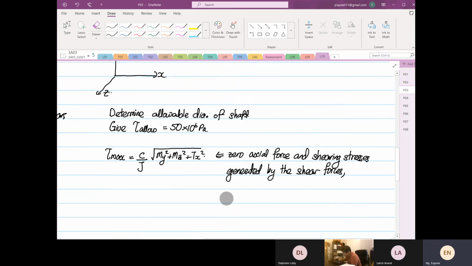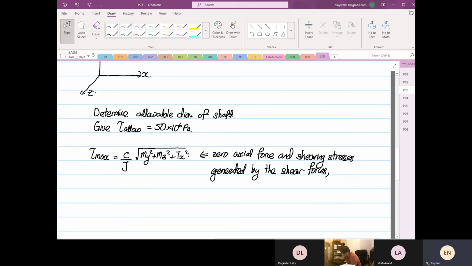Shear forces for this case are both in the Y and Z direction. Ignore.